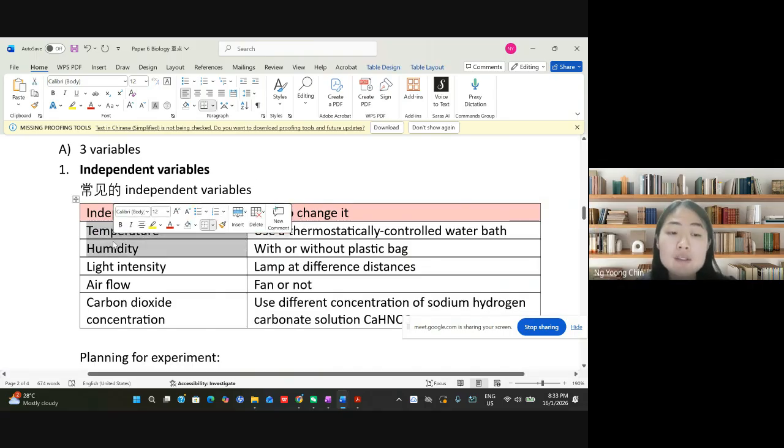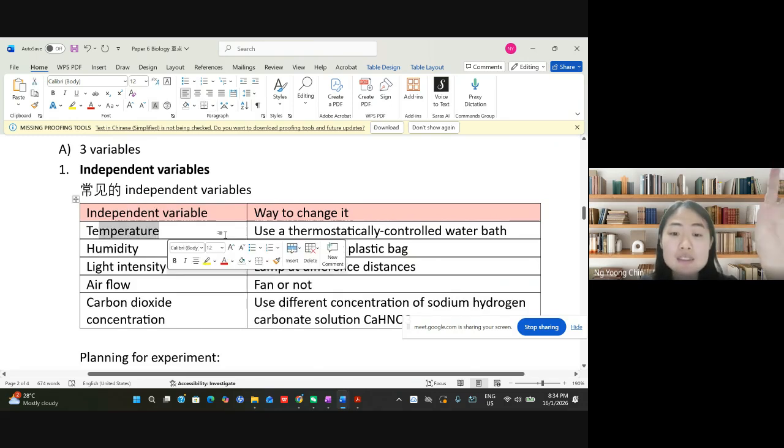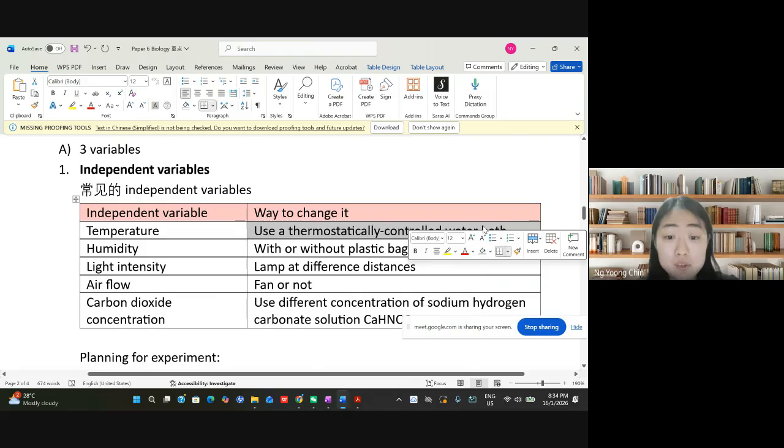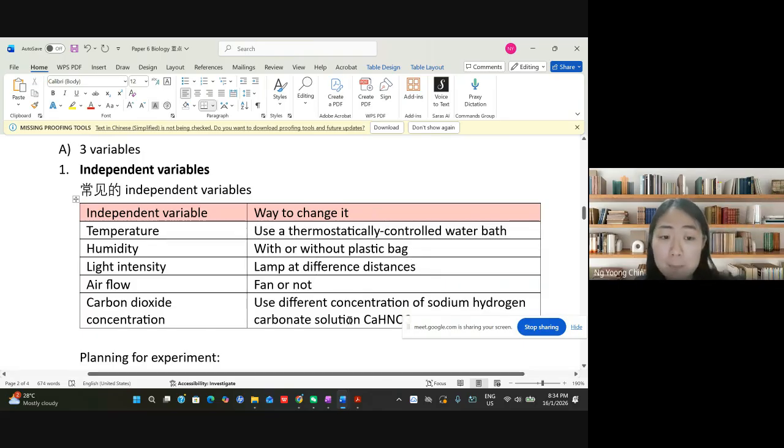For the temperature, this point should be included in the procedure. You still remember the 6 marks, right? One mark is given to the procedure. So you should write how you are able to use any kind of method to control your independent variables. For example, it's like this.